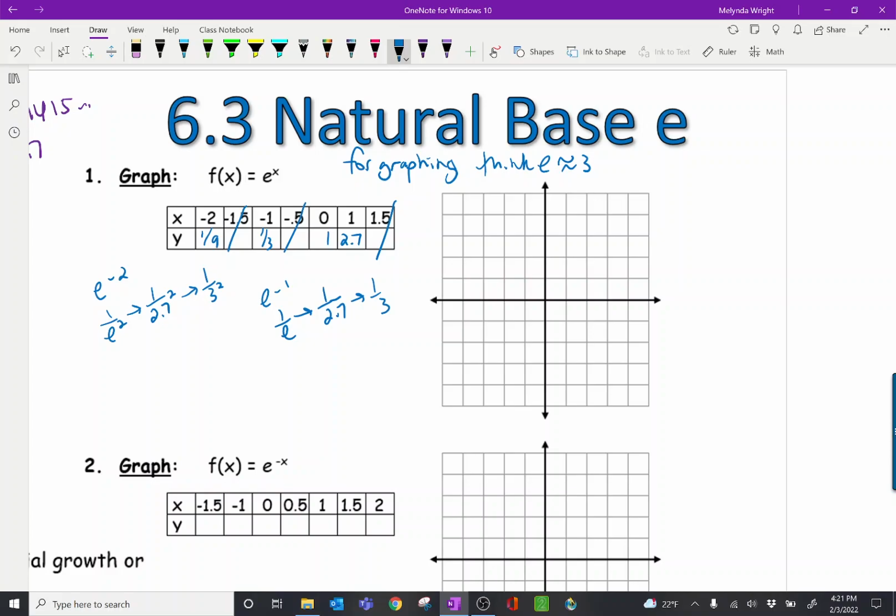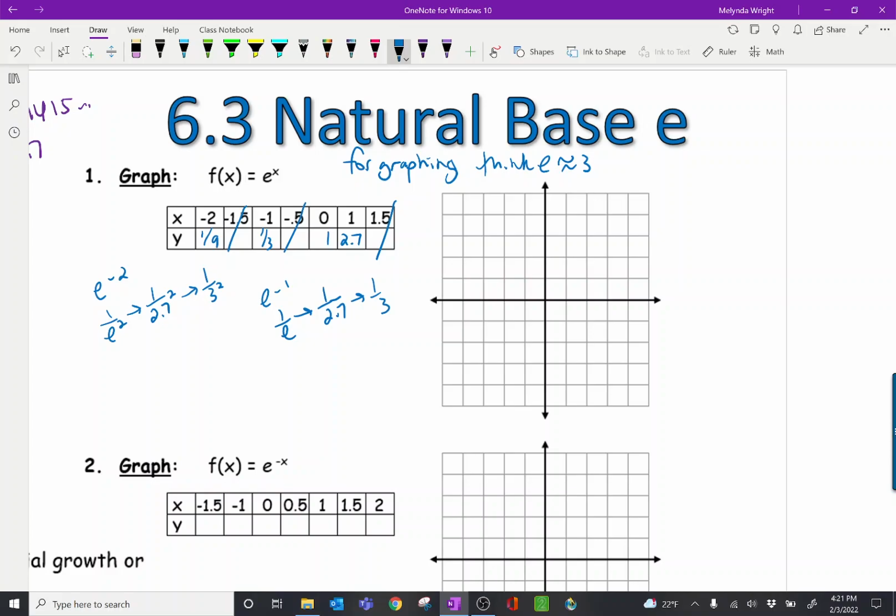All right, so let's remind ourselves from the previous lesson, I think it was the first lesson in this unit, we did a little bit of graphing, and we hopefully remember that all exponentials have at least one horizontal asymptote.